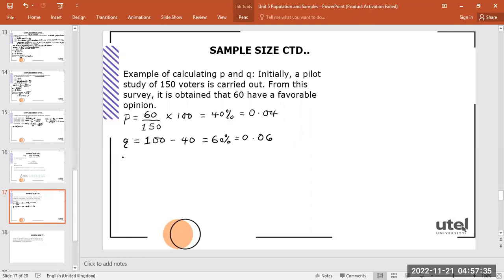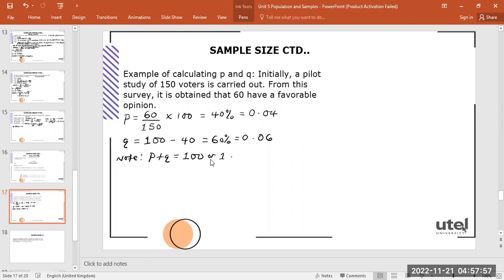Now, it is important to note that the sum of P plus Q is equal to 100 as a percentage, or 1 when you use a decimal, just like the way we have probability.